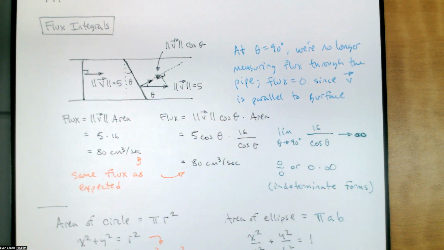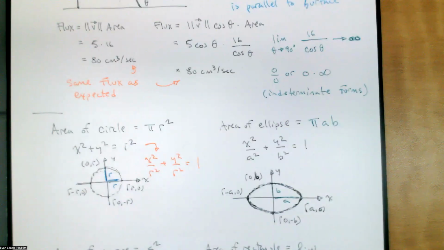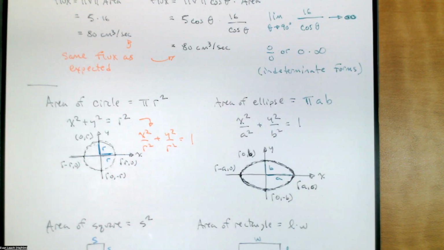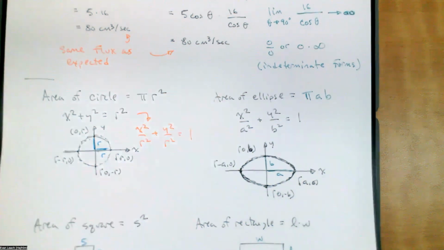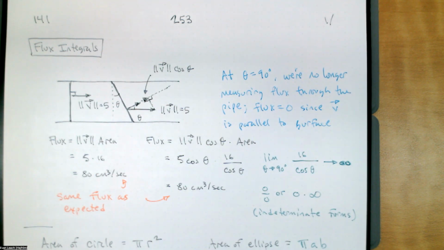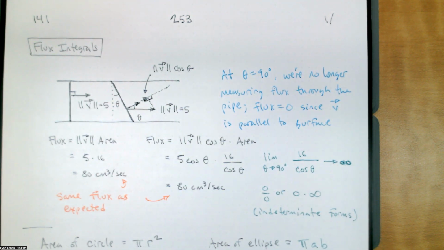So we can just take the pi r squared and divide by the cosine of the angle that we're looking for, and then we can figure out whatever ratio of A and B we want. So we can figure out what angle that ellipse is going to be at. So that's an interesting connection between the area of the ellipse and the area of the circle, and the angle you need to transform one into the other.